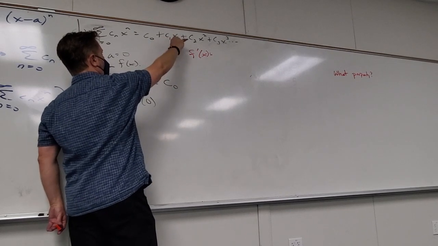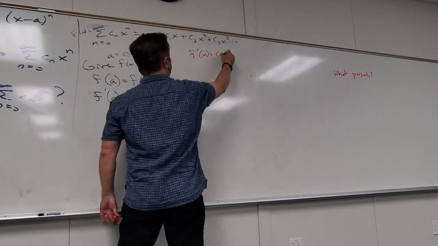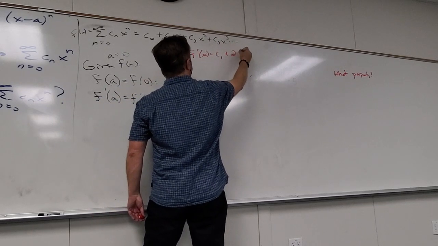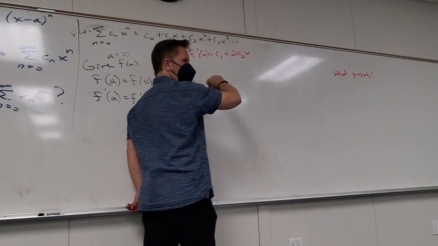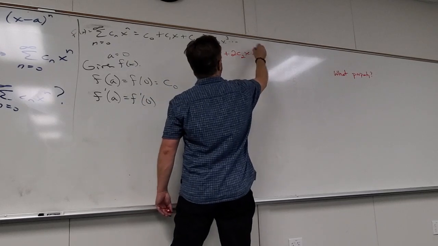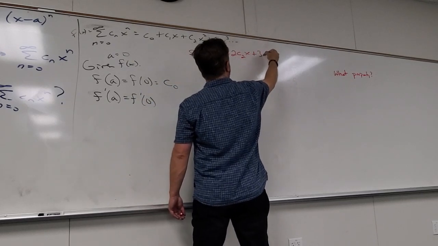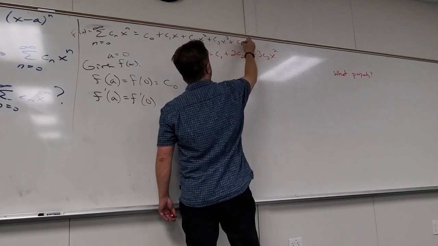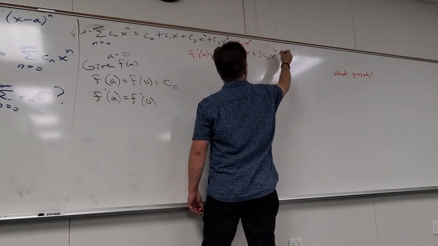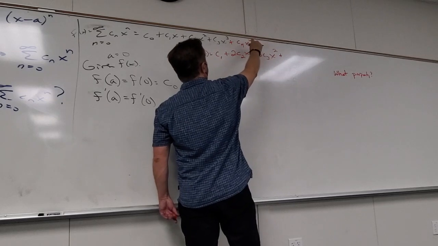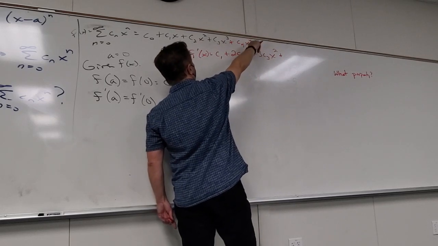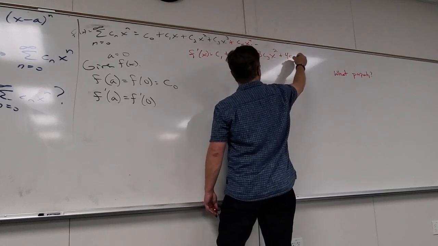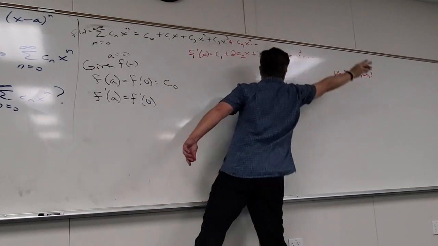Zero. Derivative of C1 x is C1. Derivative of C2 x squared is 2 C2 x. Derivative of C3 x cubed is 3 C3 x squared. Let's do one more term: 4 C4 x cubed. Plus blah, blah, blah, forever.